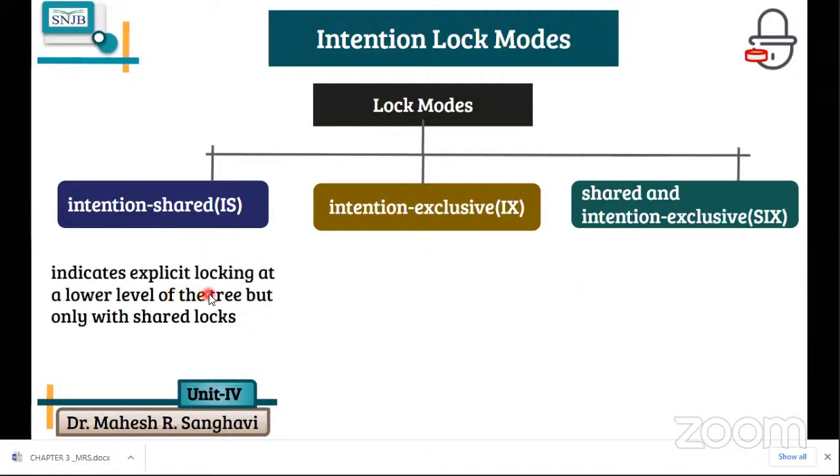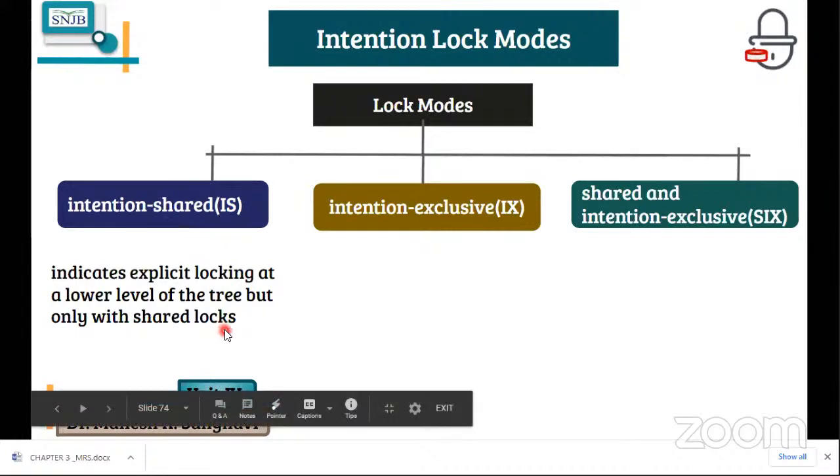IS indicates that it explicitly locks at the lower level of the tree, but only with a shared lock. So you can lock the lower level of the tree by using IS, but it will be in shared lock mode only. So other transactions can read the data item, but cannot perform a write operation.